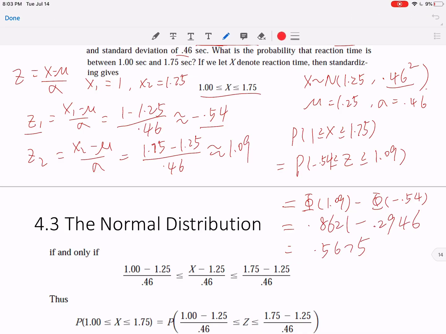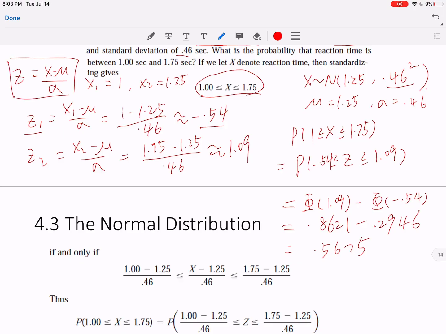Okay, so once again, we're not able to find the probability of this interval, x greater than or equal to 1 and less than or equal to 1.75, directly, because we're not able to integrate the PDF of the normal distribution, so we have to standardize it by applying the formula z is equal to x minus mu over sigma.